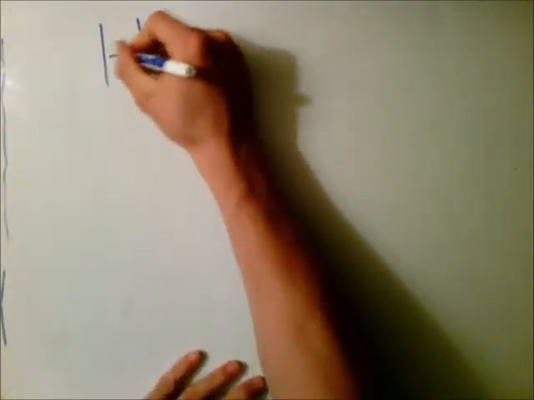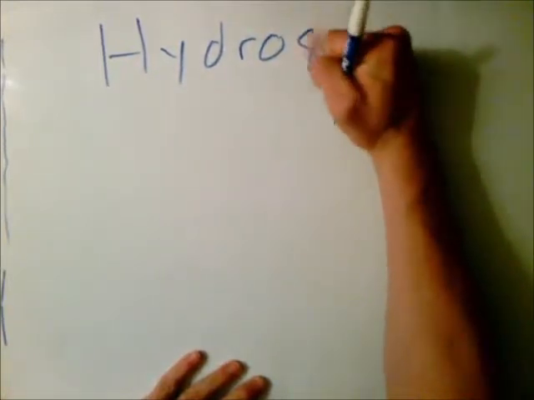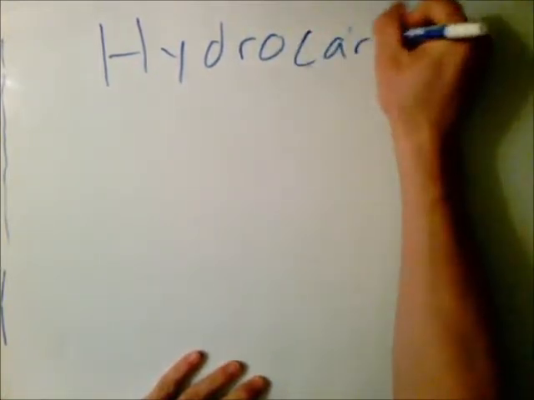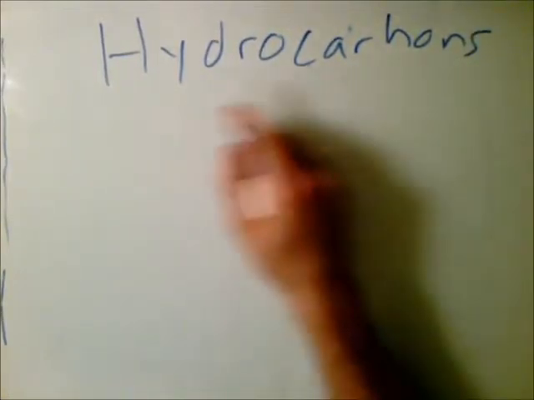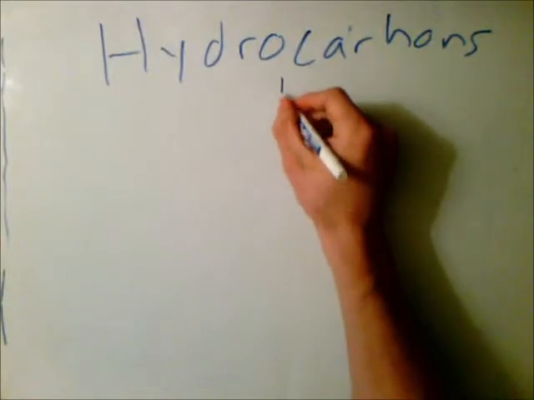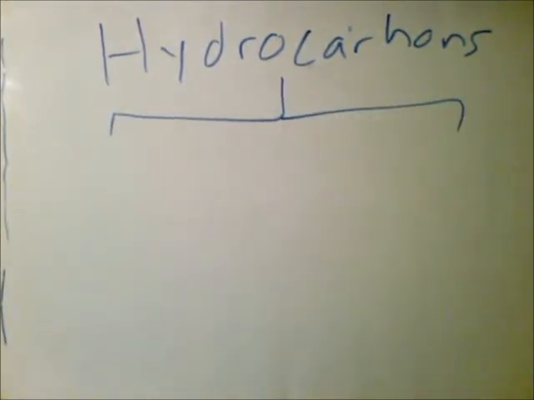But as you can see, there's a split in the road. There's different classes of hydrocarbons. So up top we have hydrocarbons, and alkanes, alkenes, and alkynes are all under this group. But we go one of two ways.